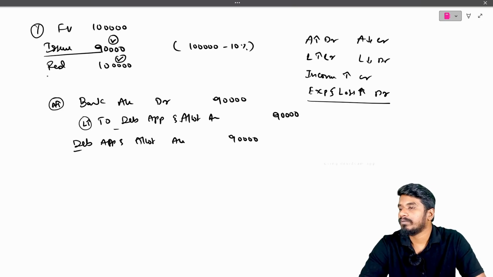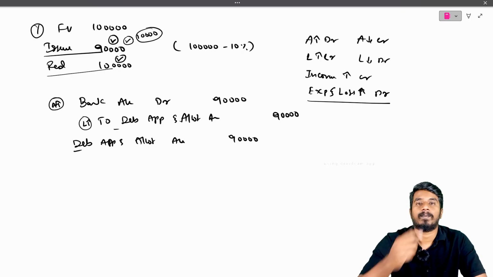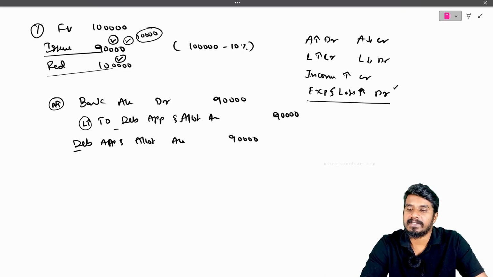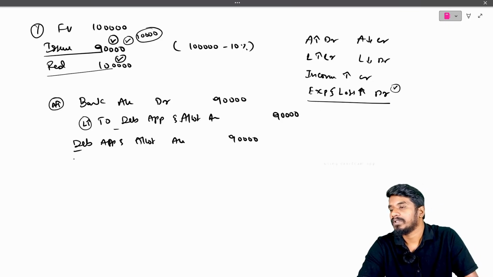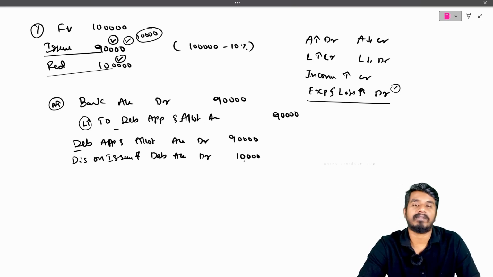Now, we need to redeem at par, and we are also getting a 10,000 loss because of the issue, since we are giving at a discount. If an expense or loss increases, we will debit it. So discount on issue of debenture account will get debited for 10,000, whatever discount we have given.